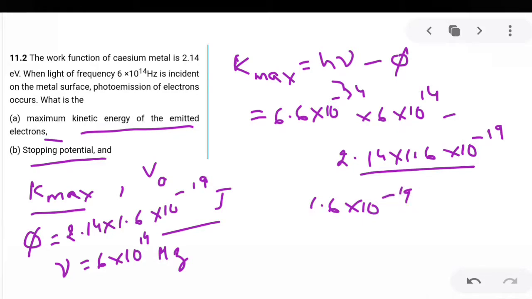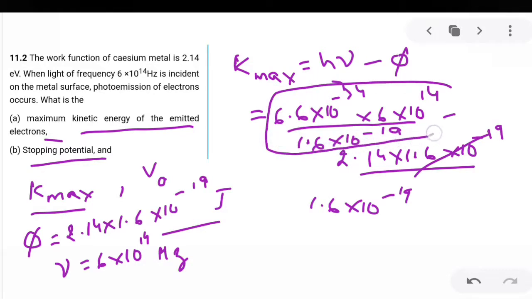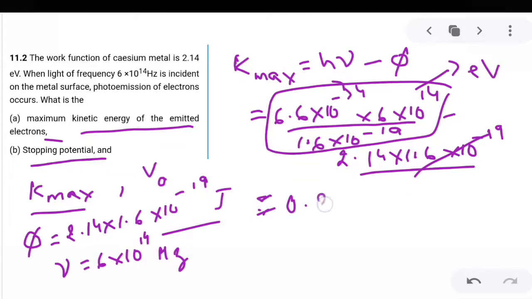If you divide, this gets cancelled, and the quantity is now in electron volt. If you simplify this, you will get the result as 0.34 electron volt. So this is the maximum kinetic energy.